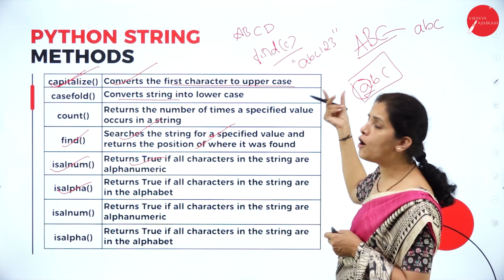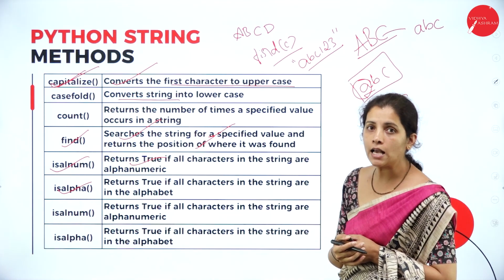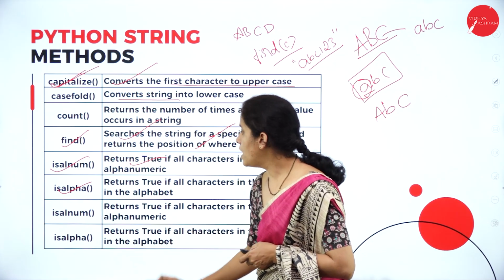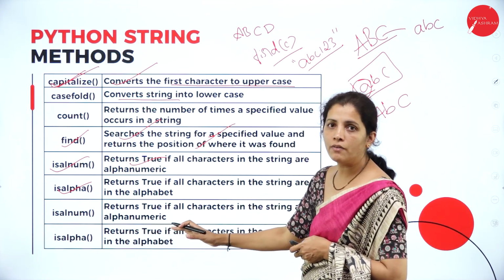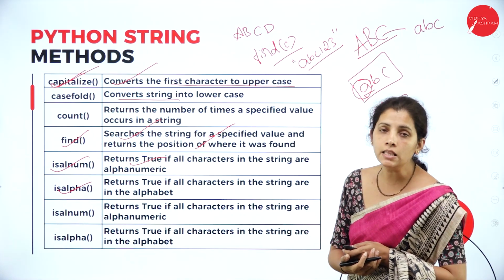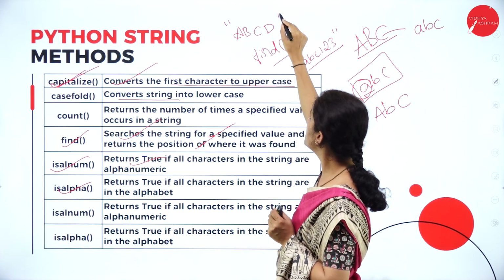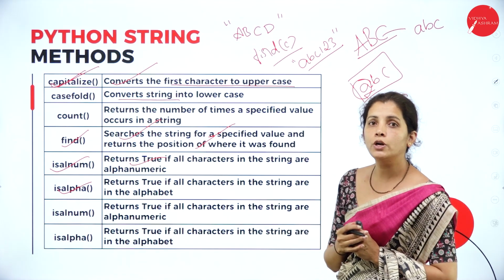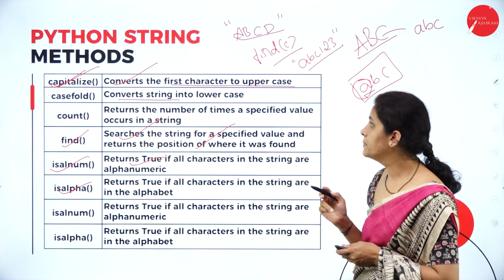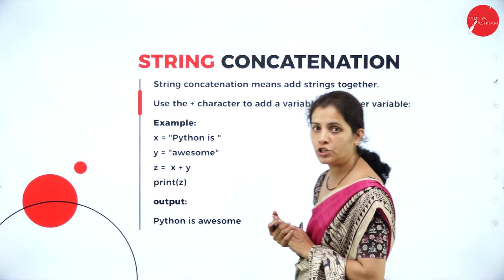I'm going to get false because it's a combination of alphabets as well as numbers. isalpha returns true only when all the characters in the string are alphabets. For example, if I have A, B, C, D, this method is going to return true because I have only alphabets.